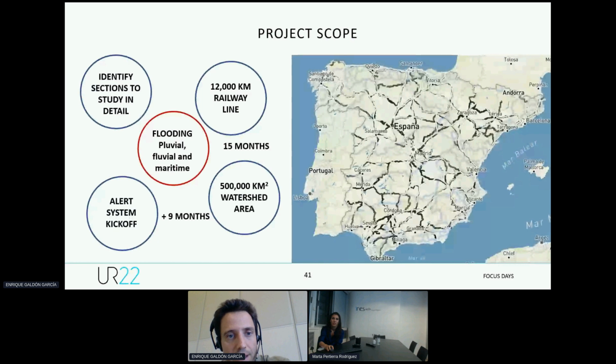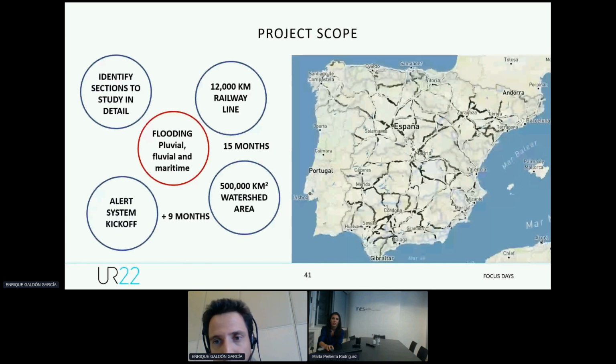For that we had to analyze the 2,000 kilometers of railway land that we have in our country, against flooding: pluvial, fluvial, and maritime flooding. It's worth mentioning that when you analyze flooding issues, you need to consider watersheds, as you might be aware.